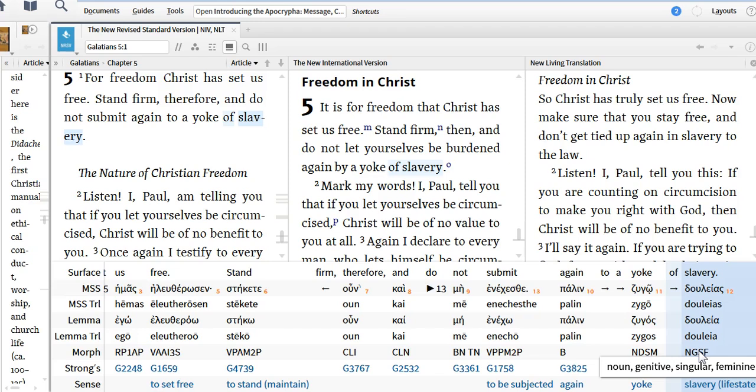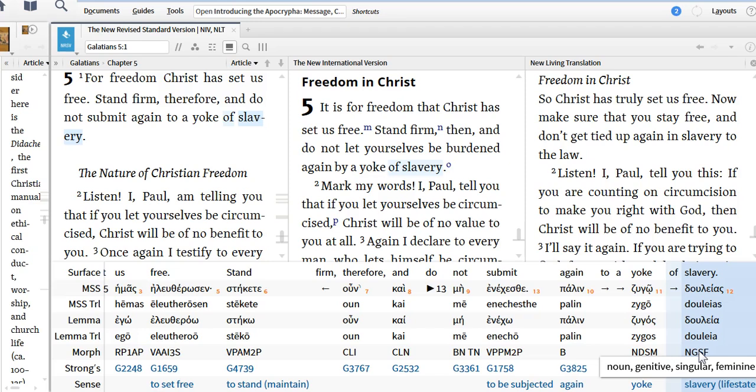Meaning that many of the genitive case usages remain possible for trying to untangle what of slavery really adds here. I think, however, that just reading this as it stands in English, a yoke of slavery, in both the NRSV and NIV would signal a genitive of description.